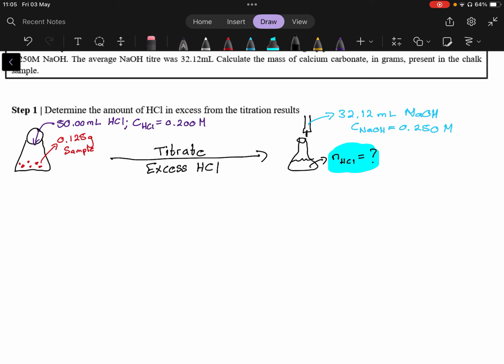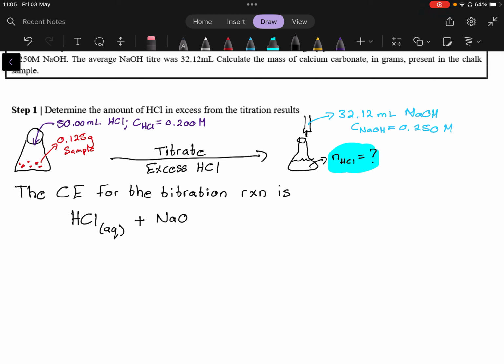And to do that, we also need the chemical equation. So remember, you always need to write something like: the chemical equation for the titration reaction is given by HCl in aqueous solution plus sodium hydroxide, also in aqueous solution.